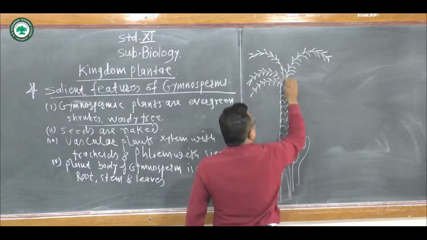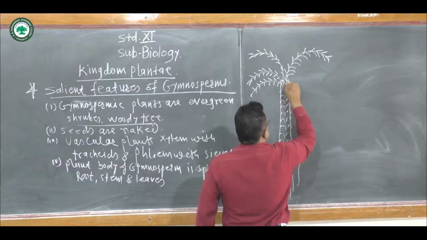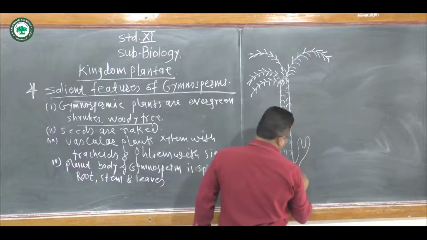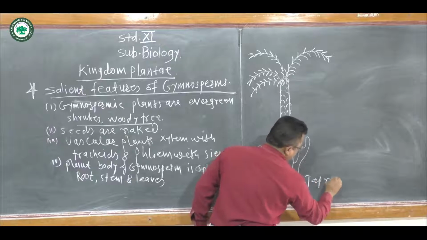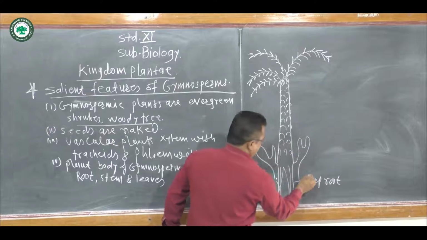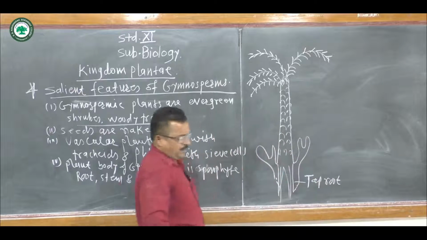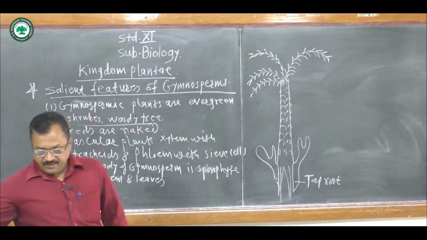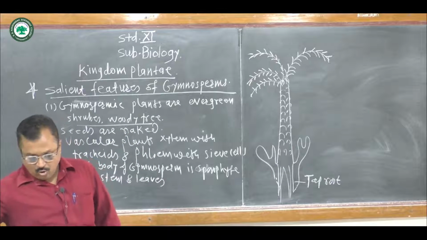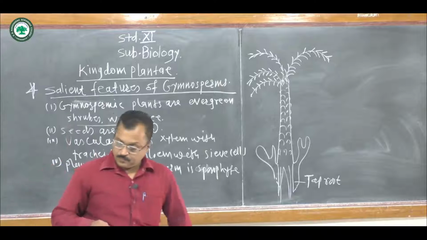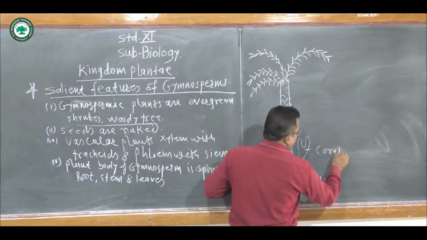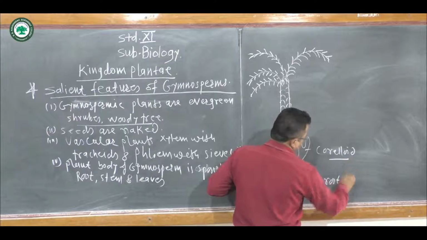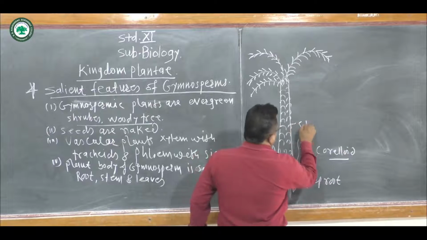There are two types of roots: the taproot and another type, the coralloid root.